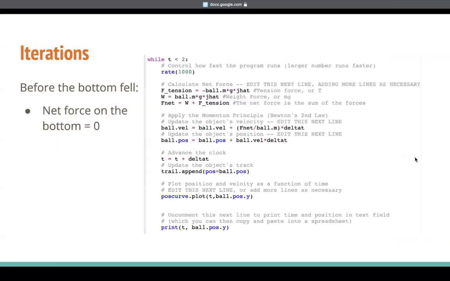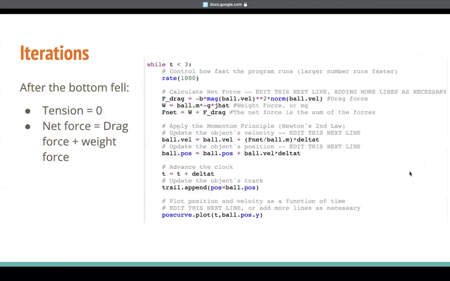And here are the iterations. Before the bottom fell, which is before 2 seconds, the net force on the bottom equals zero. So using these equations, we're able to calculate the net force and then also apply the momentum principle to calculate the exact location and velocity.